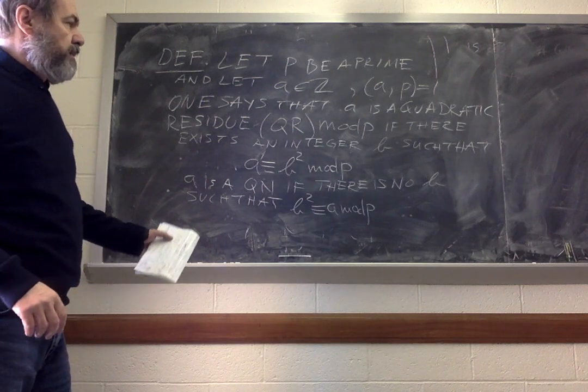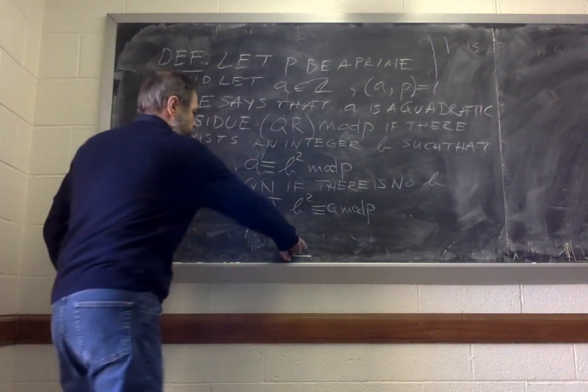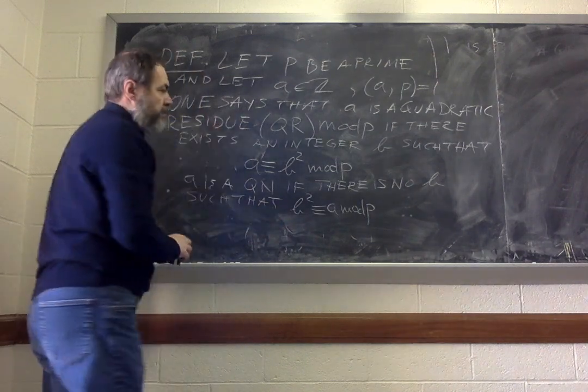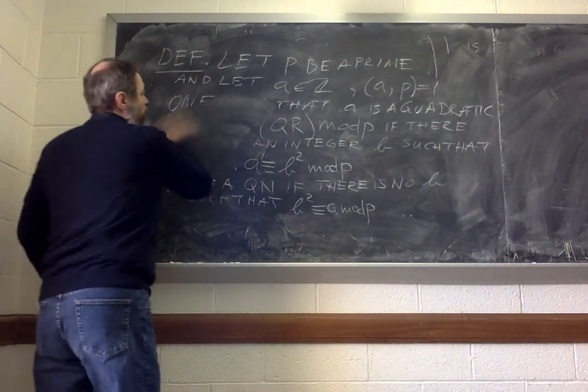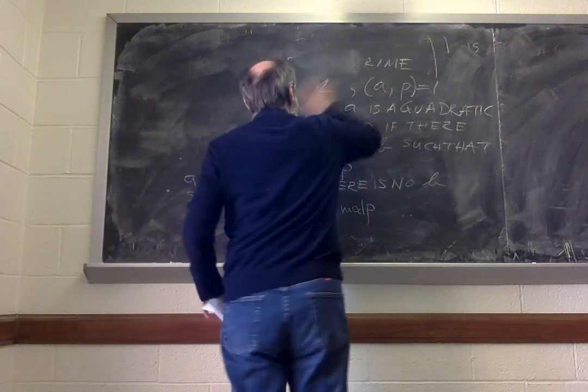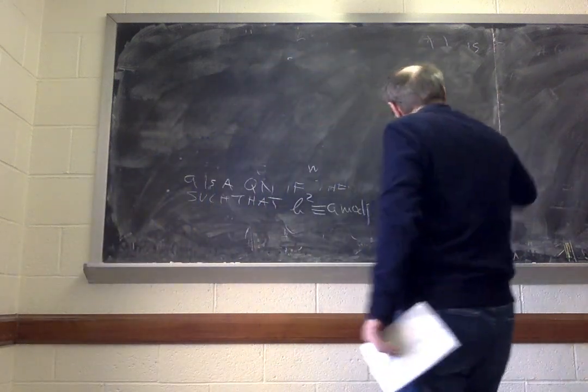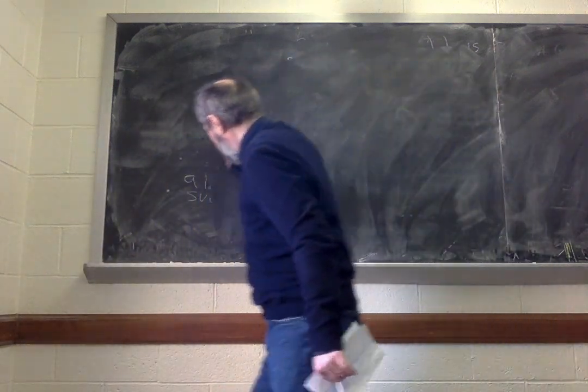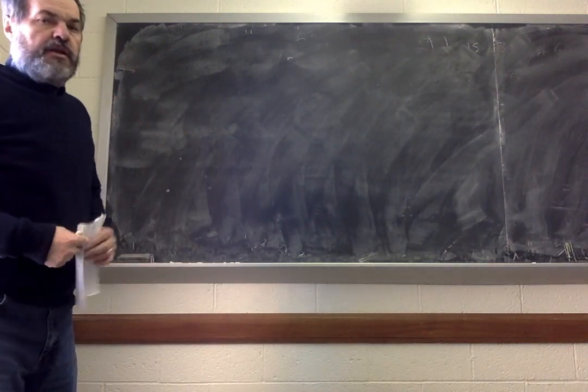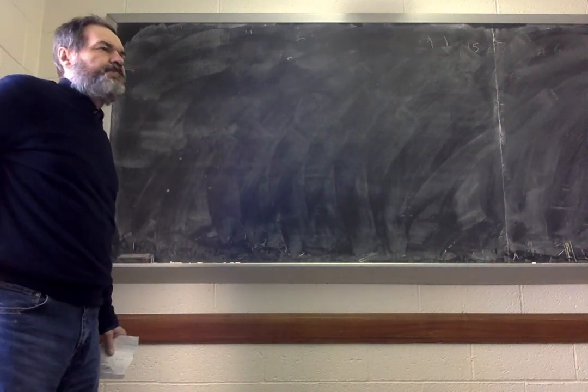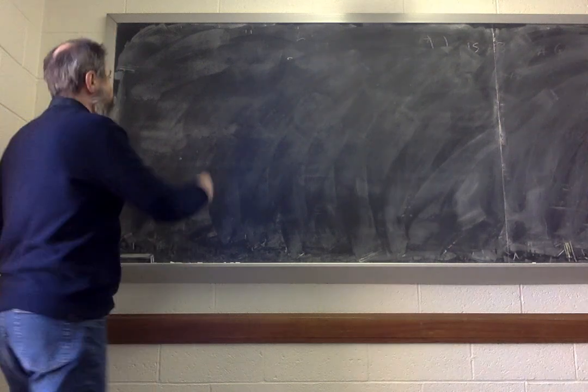Now, let's see an example. I'm going to remove everything that's on the board. Now let's say I take p to be 11.